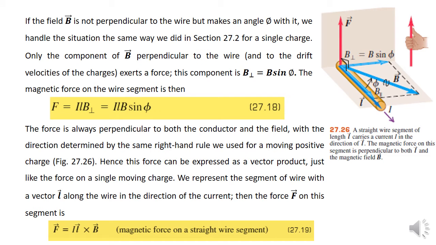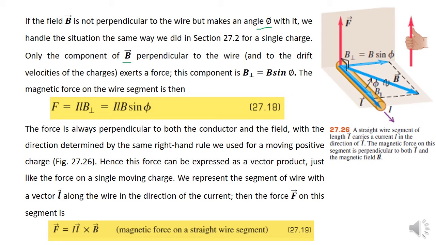If the field is not perpendicular, let's say the conductor makes an angle phi with the magnetic field, then to calculate the total force on the conductor, the effective component of the magnetic field will be the perpendicular component, which is the sine component of the magnetic field.